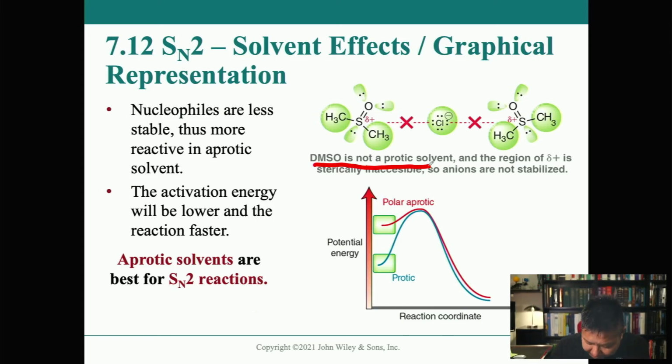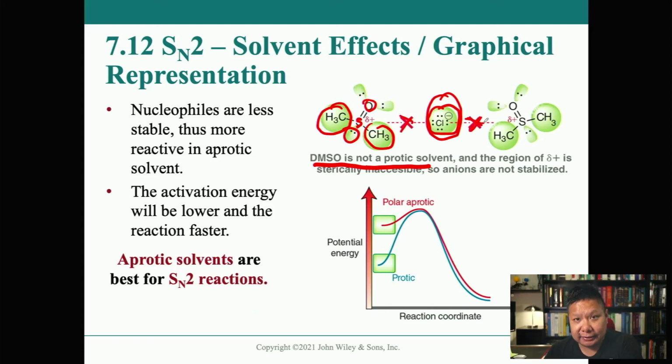Well, the reason why is because the partially positive sulfur here, that would be used to otherwise stabilize a negatively charged nucleophile or base, is actually hidden back here behind all the steric hindrance of this methyl group, these oxygens here, and these electrons. So it's impossible for it to do any kind of stabilization of ions, right?